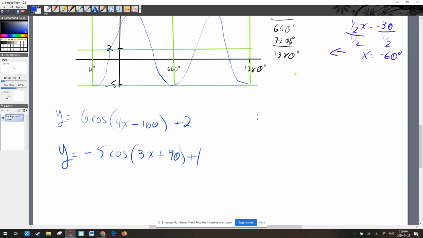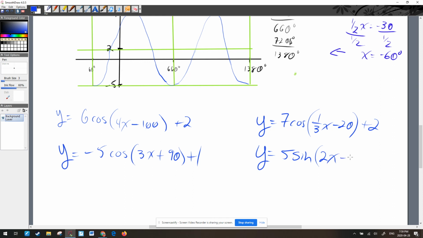And then y equals 7 cosine of, let's make it interesting, 1/3 x minus 20 plus 2. And then just to keep us honest, how about y equals 5 sine of 2x minus 100 plus 1.